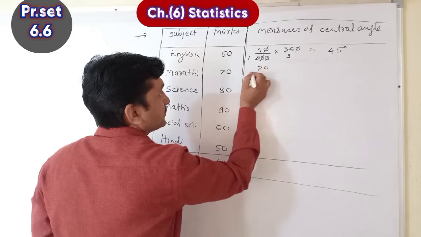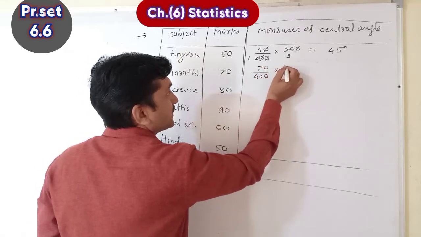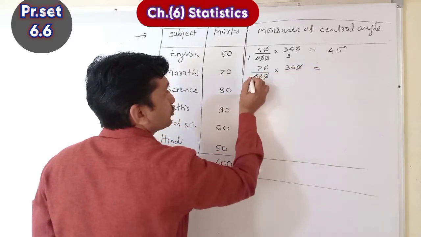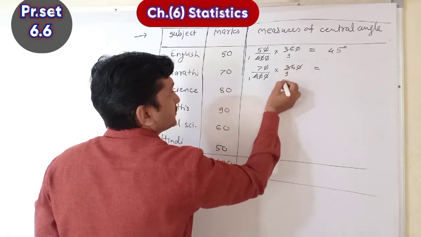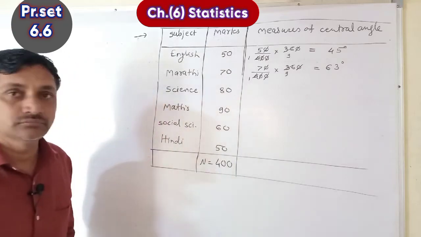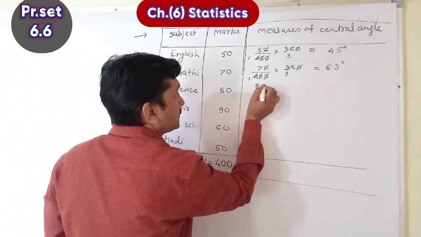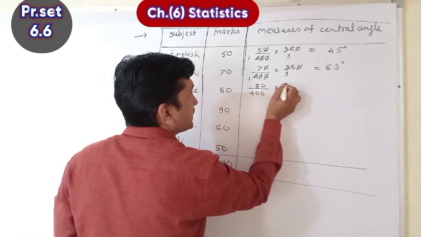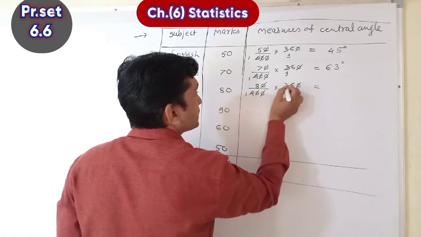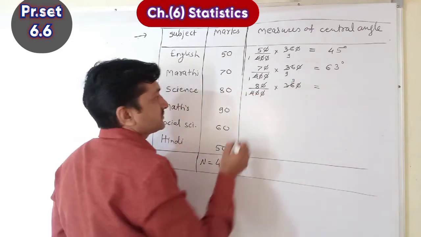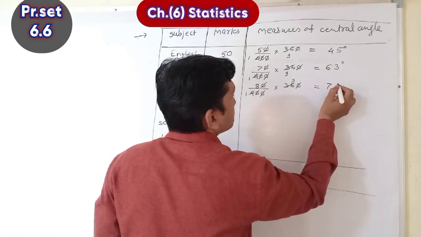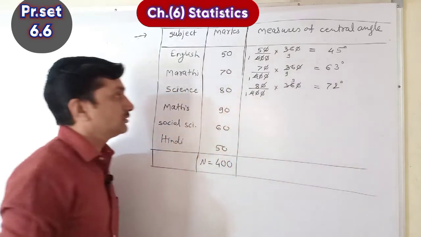Second Marathi, 70 upon 400 multiplied by 360. 0 cancels, second 0 cancels, 4 1s are 4, 9 7s are 63°. Okay, third 80 upon 400 multiplied by 360. 0 cancel, 0 cancel, 4 1s are 4, 9 8s are 72°.